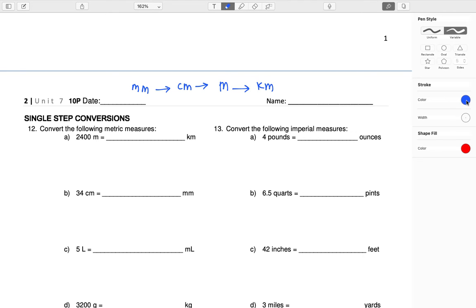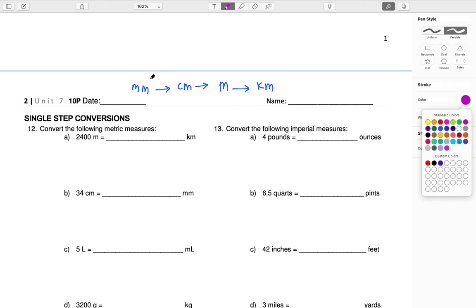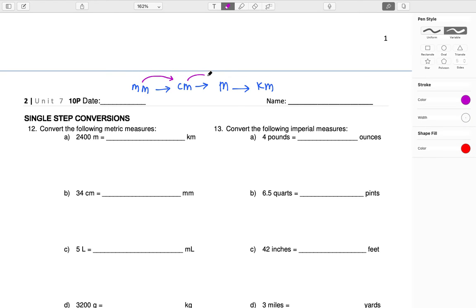You will have this in front of you when you are doing the evaluation. So here again, we're dividing by 10, dividing by 100, and dividing by 1000. If we're going the opposite direction, we're multiplying that by 10, 100, and 1000.